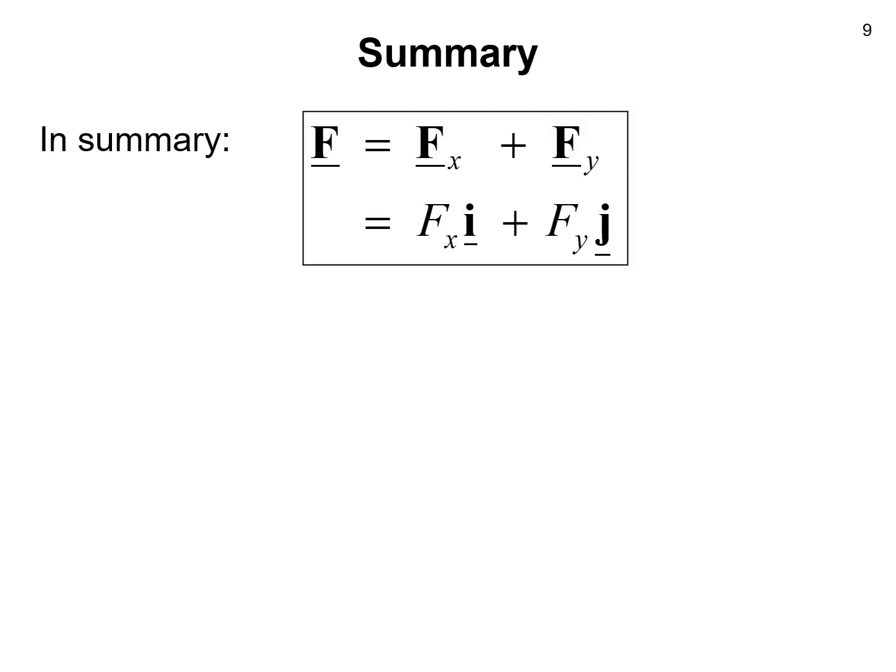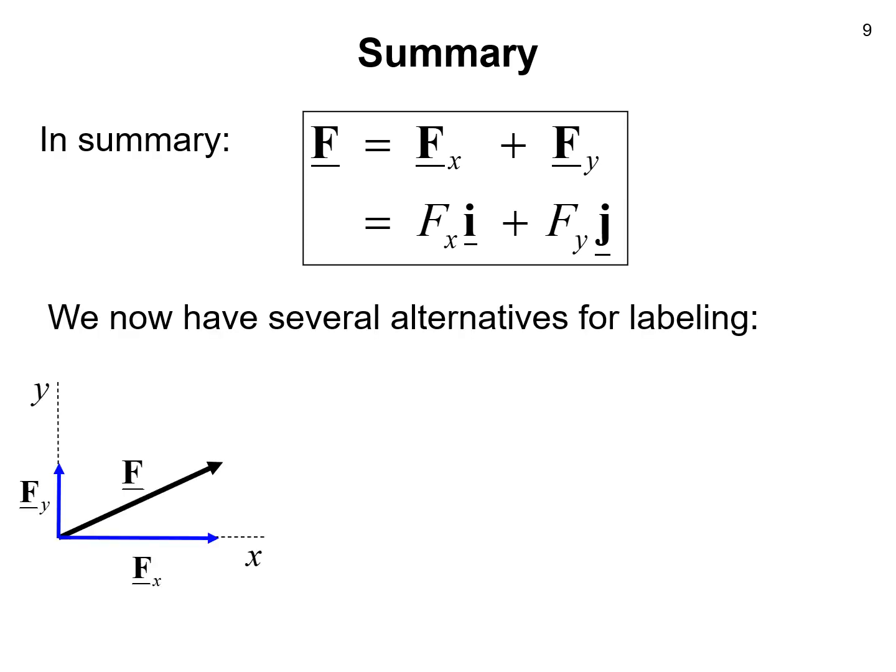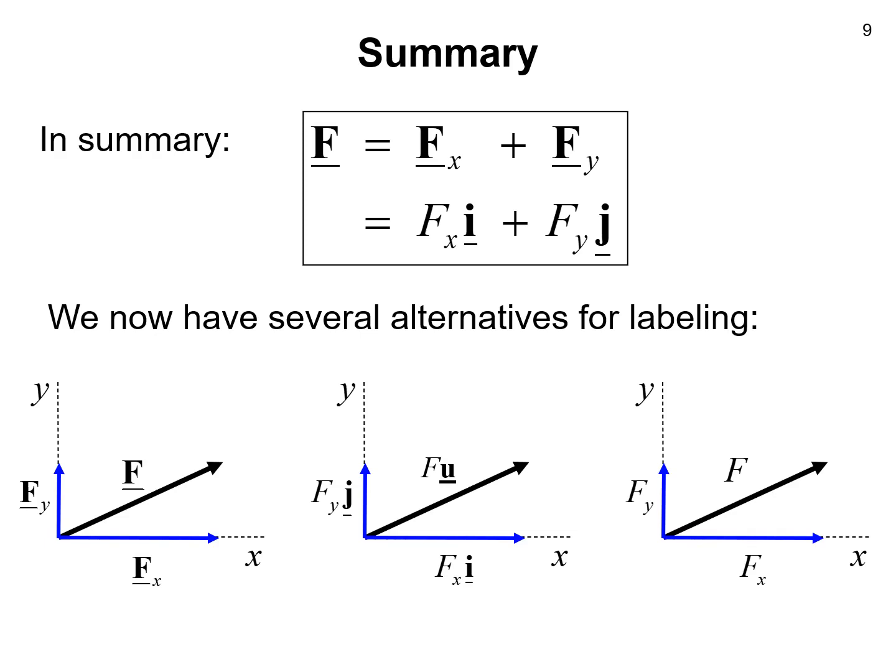In summary, we can express the vector f as the sum of the vector component fx plus the vector component fy, and each of those components can be further written as a scalar component times the corresponding unit vector. And so really, we now have 3 ways of labeling a vector.